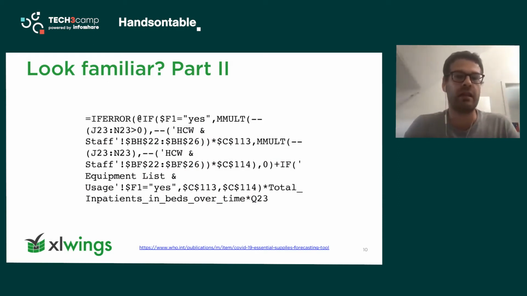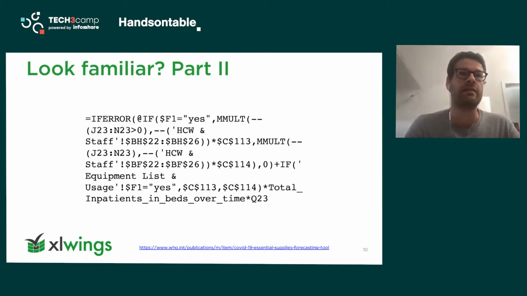Now, another issue that Excel has is the complexity of formulas. That, again, is a formula I took out directly from that COVID-19 forecasting tool. And I personally have no idea what is happening in that formula, and probably nobody has, unless it was you who was writing this formula personally.